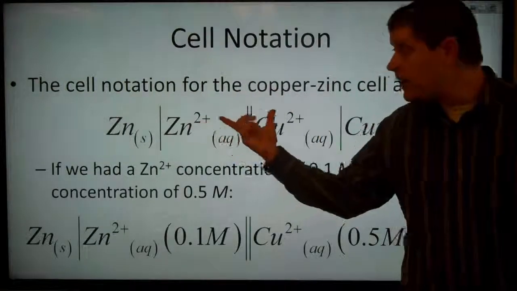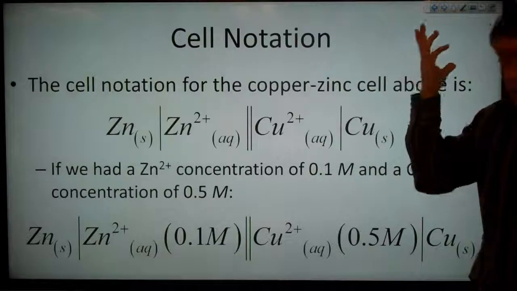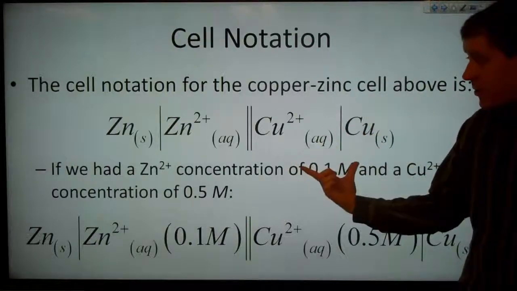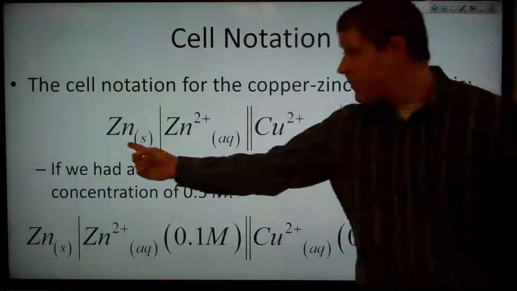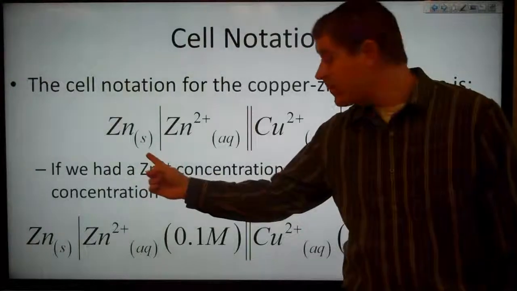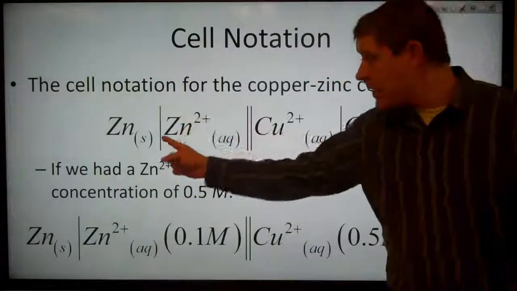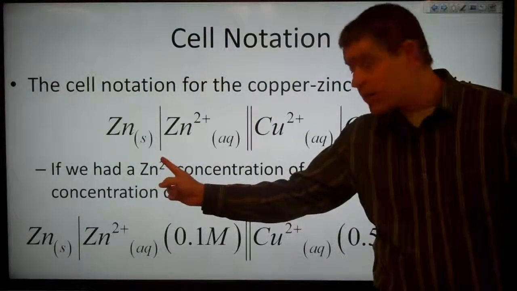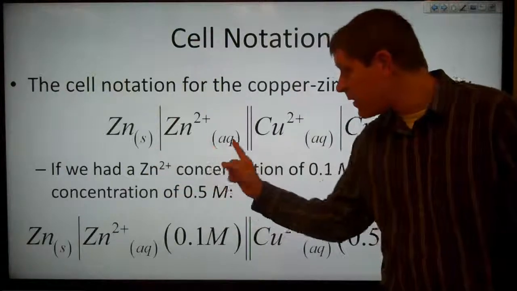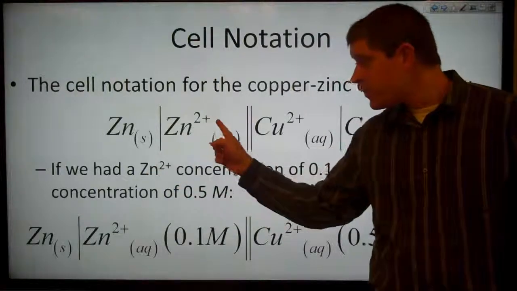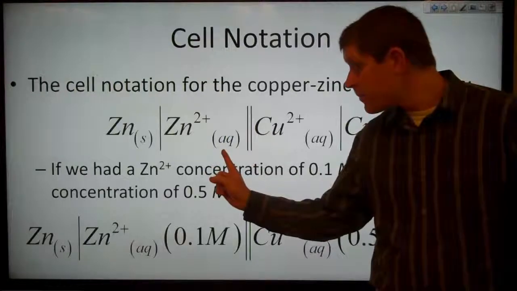And so for our copper-zinc cell that we've discussed earlier, the cell notation looks something like this. So we have zinc solid, and then a phase barrier, a phase interface there between the solid and the aqueous phase. We've got zinc 2+ ions aqueous.